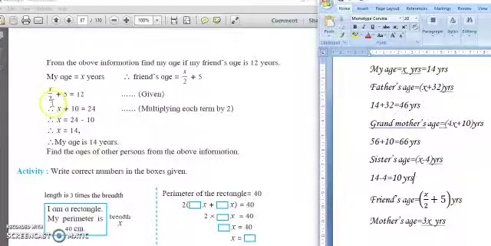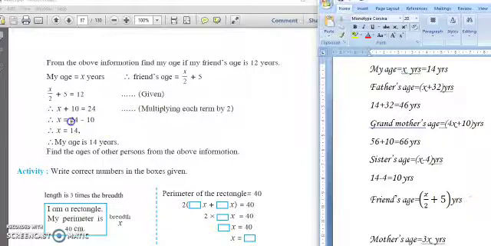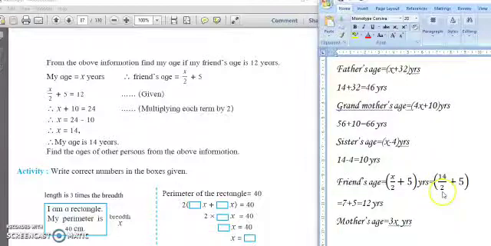So x upon 2 plus 5 equals 14 upon 2 plus 5. From this equation we can calculate, or otherwise it is given here that the age of the friend is 12 years. So we need not calculate here, but for practice you can. 14 upon 2 is 7, plus 5 is 12 years, and it is already given here.